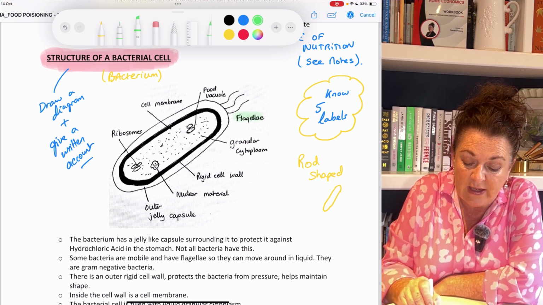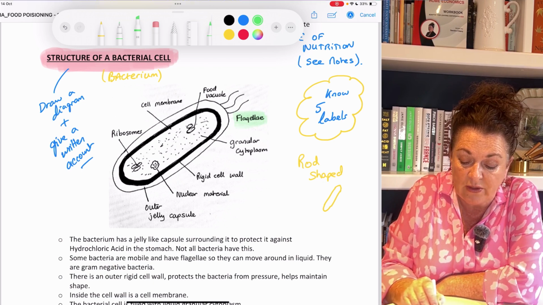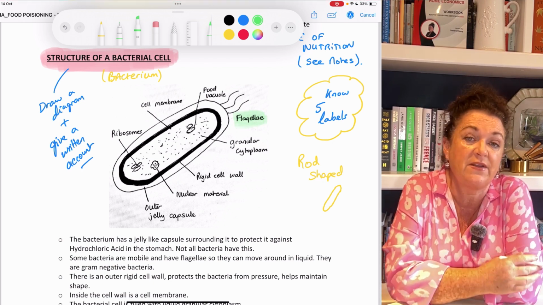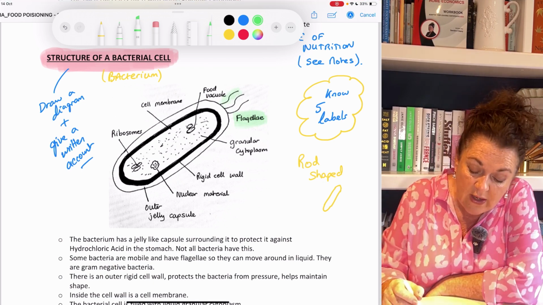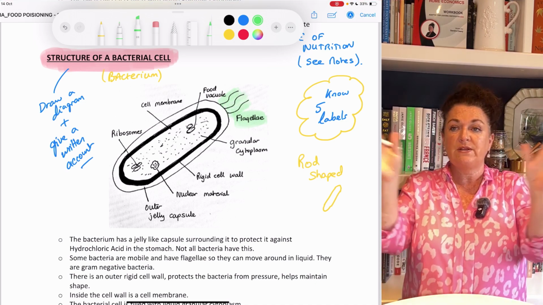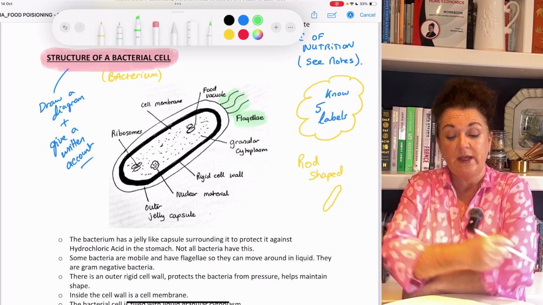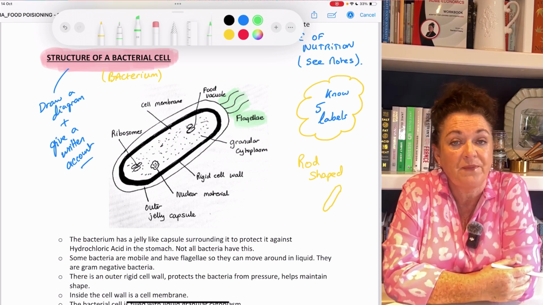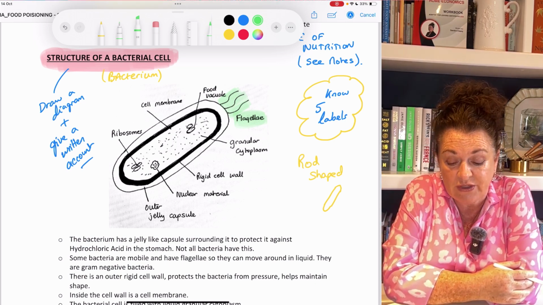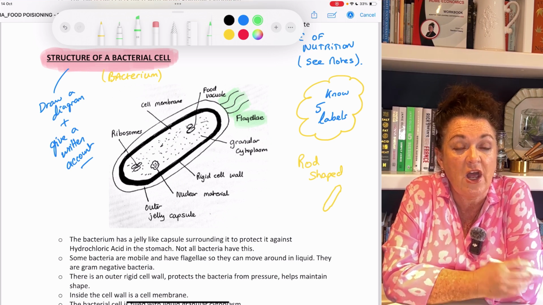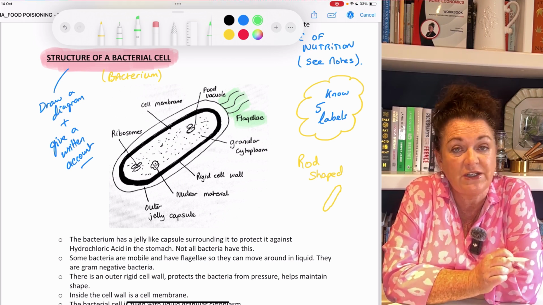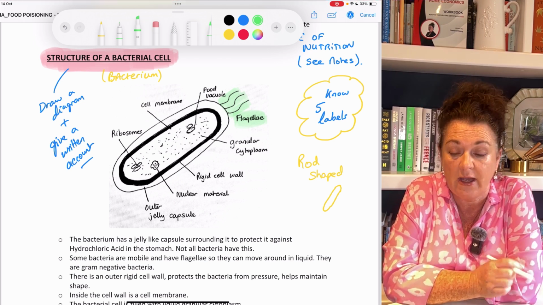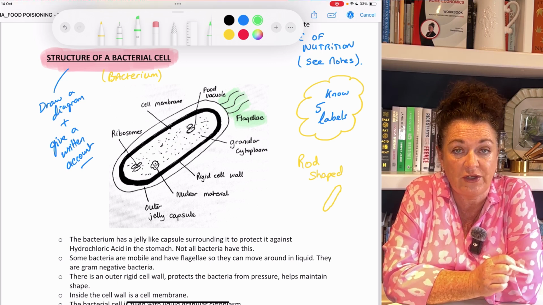Now, flagellae are these, should we call them, now don't describe them as this in the exam, whiskers, or just see the way they're just like these little stringy bits, and they're at both ends. And what the flagellae do is that they help the bacteria to move, particularly in liquid. Not all bacteria have flagellae. Some bacteria have no flagellae.